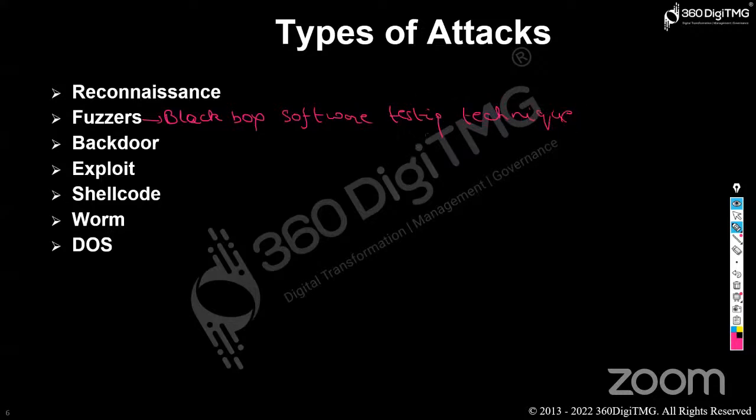What exactly happens? This basically consists in finding implementation bugs using malformed or semi-malformed data injection, in an automated fashion. That is fuzzing.